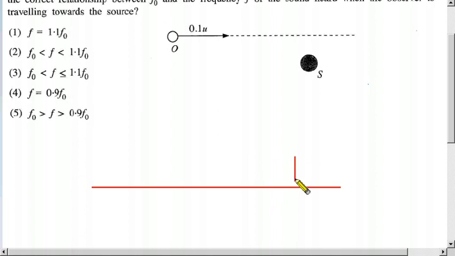Then the source, suppose it is a speaker like this. The observer, imagine like this. He is moving towards the speaker, the source, with a velocity, we say in the classroom, u. So the sound waves move towards the observer.